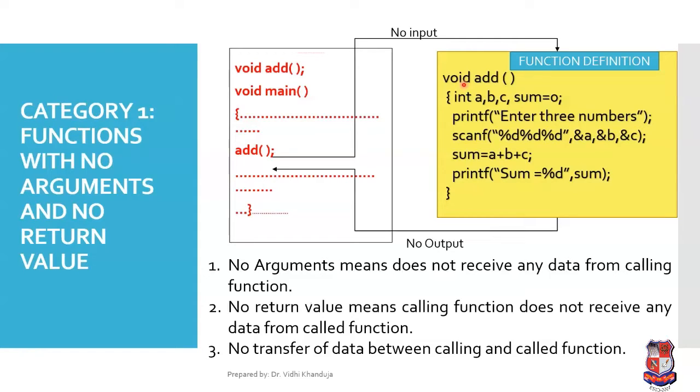This signifies there is no return value. Clear? Another important thing, the function is taking the values from the terminal or user, right? ABC values are not given from the main, right? Add itself is taking these values, right?